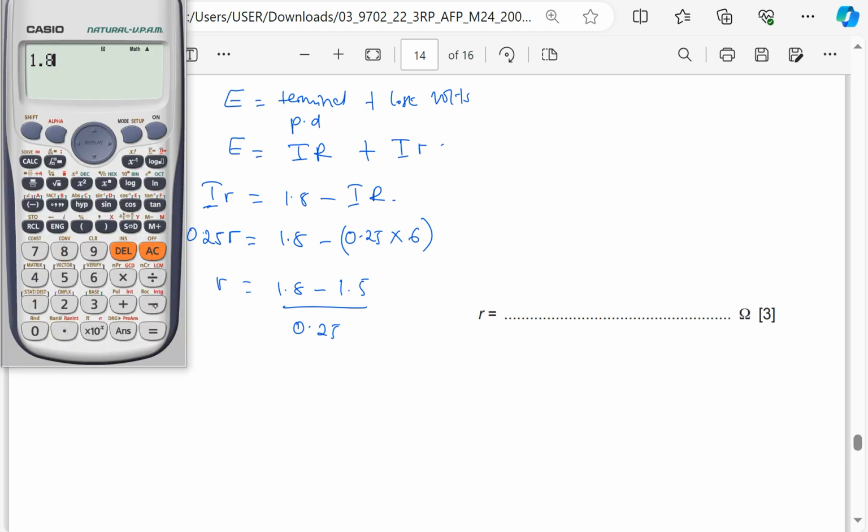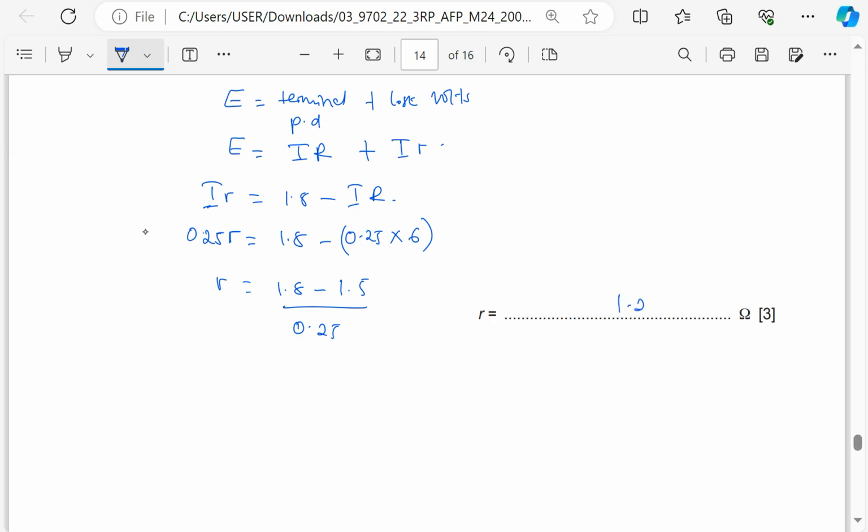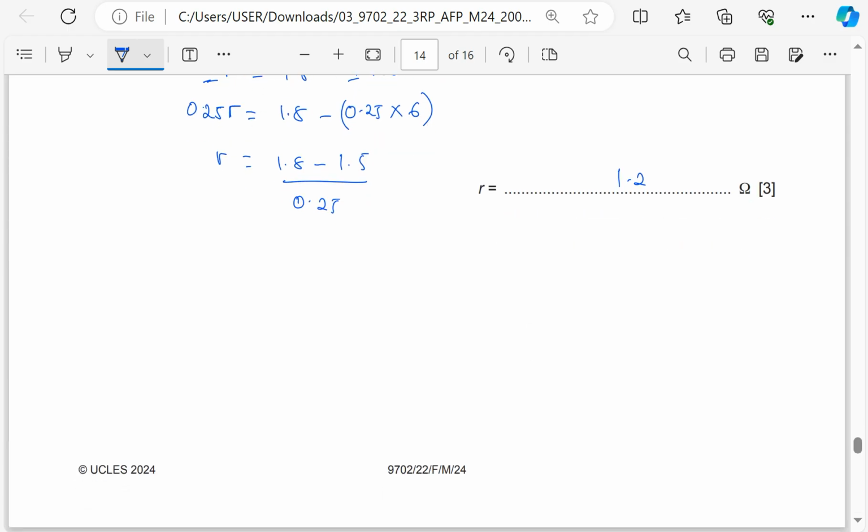So 1.8 minus the answer, divided by 0.25, gives me 1.2 ohms. You can use any other method, but to me this is the easiest. Alternatively, we would find the total resistance, but it's almost the same thing because EMF is equal to current times total resistance, which will give you the same thing.